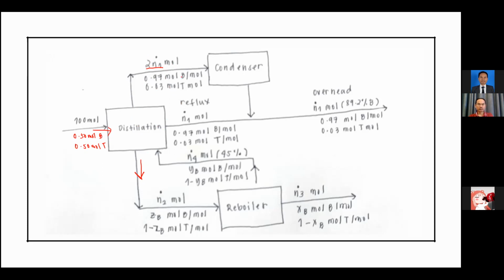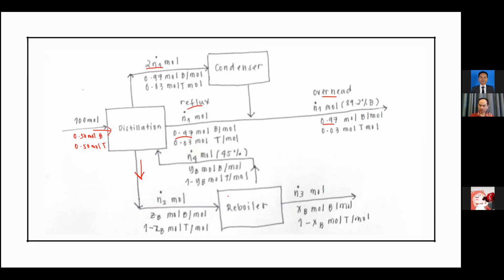The 2 and 1 will be separated as a reflux and an overhead. The 0.97 is the vapor leaving the top of the column, which is split into two equal fractions. So we have here the benzene, then for the balance, we have 0.03 for toluene.